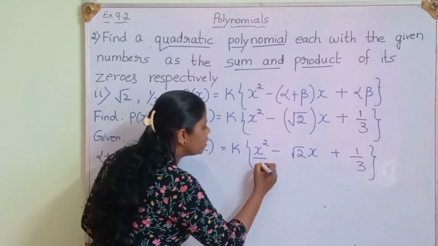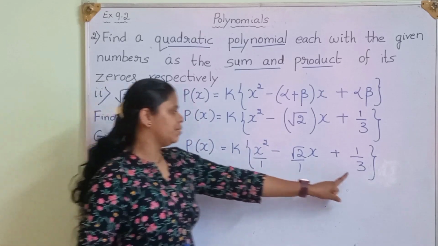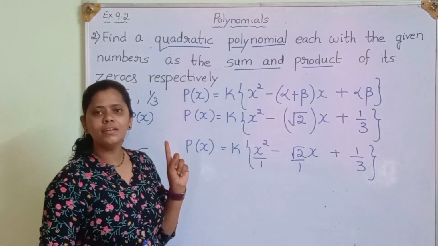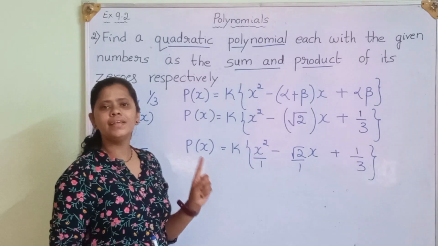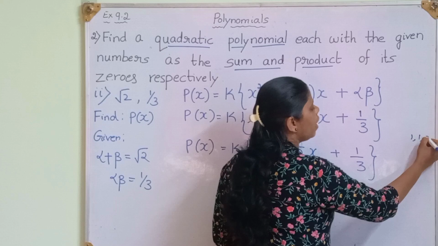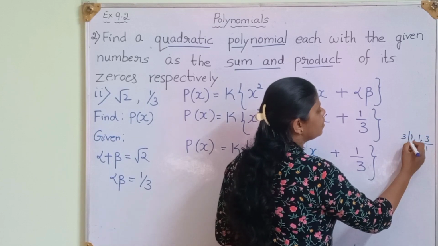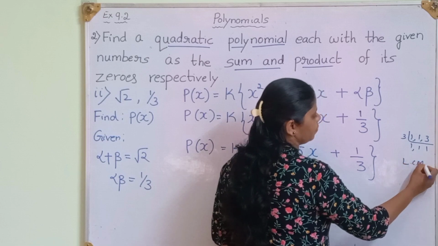Now look at this. Nothing is in the denominator means we will write 1. 1, 1, 3. The denominators are different. To equalize the denominator, we will take the LCM of 1, 1 and 3. Isn't it? That is, 3 is the LCM.